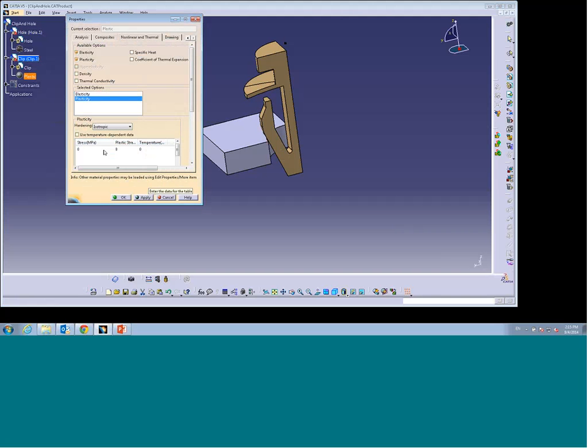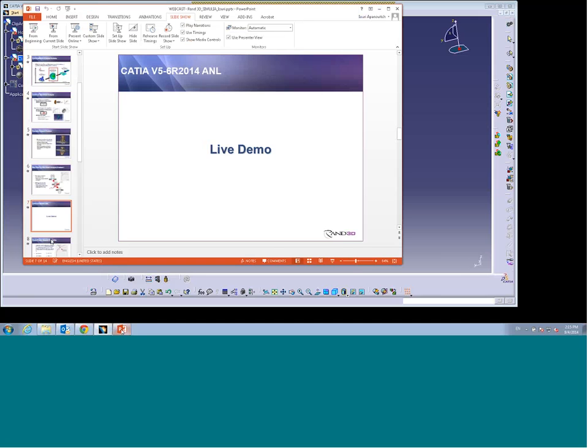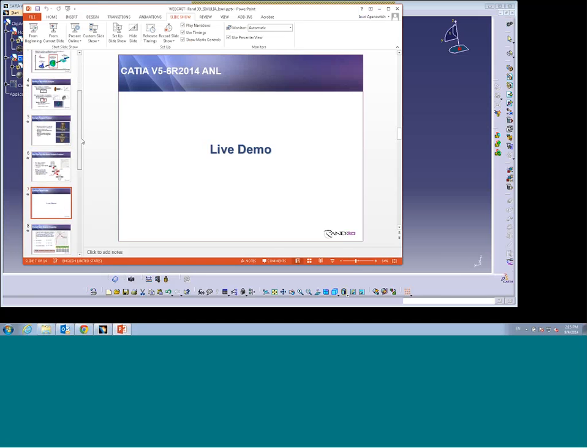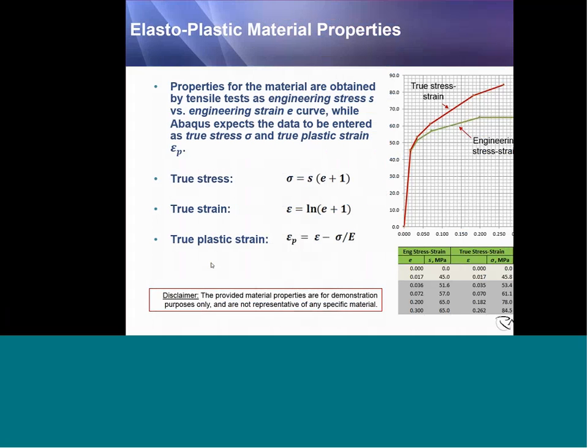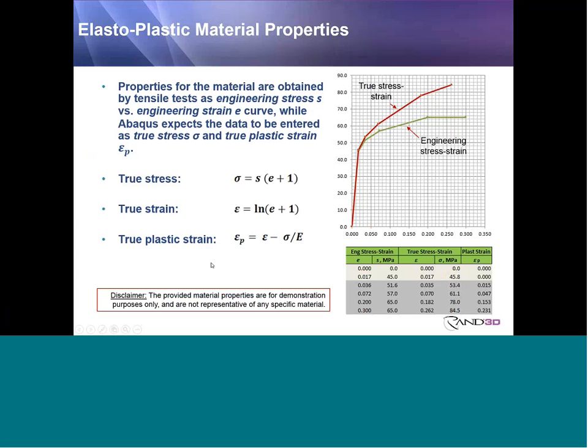Now, whenever you deal with plasticity, etc., you actually need to do some prepping. So I'm going to go back to my slides, okay, and we'll take a look at this one. Essentially, if you do tensile testing of a specimen of a material, you obtain a stress strain curve in terms of what is called engineering or conventional stress versus engineering or conventional strain.